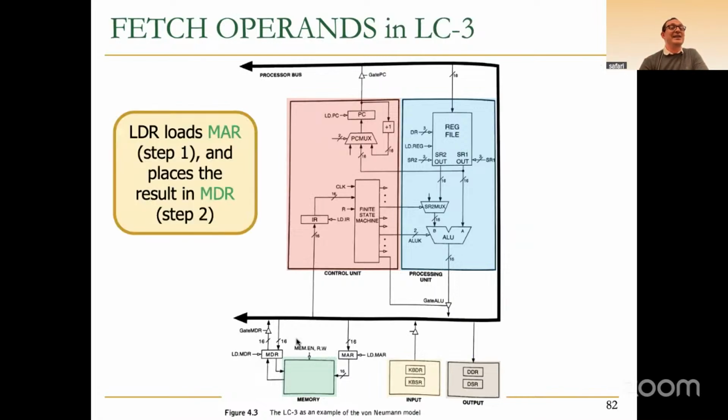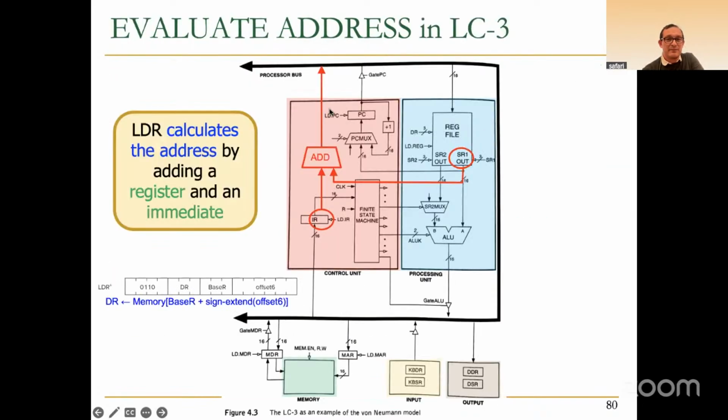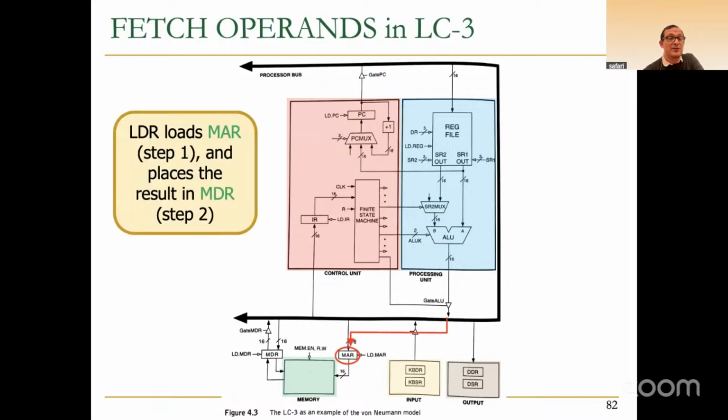In LDR again, step one is you load the MAR with the address we calculated earlier. Let me just jog your memory. We calculate the address over here. That address needs to get into the MAR. So in the finite state machine, you need to set the control signal load MAR to 1 so that the address you calculated gets loaded over here.